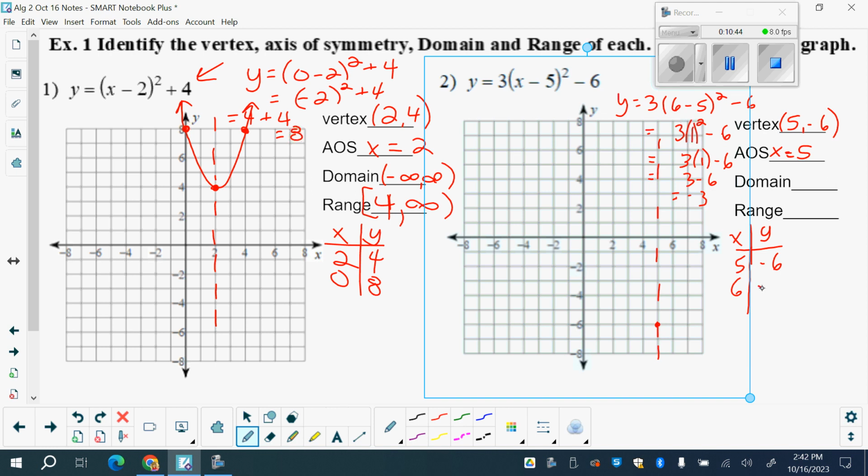So 6, negative 3. And then how do we find our next point? Yes, Iris.